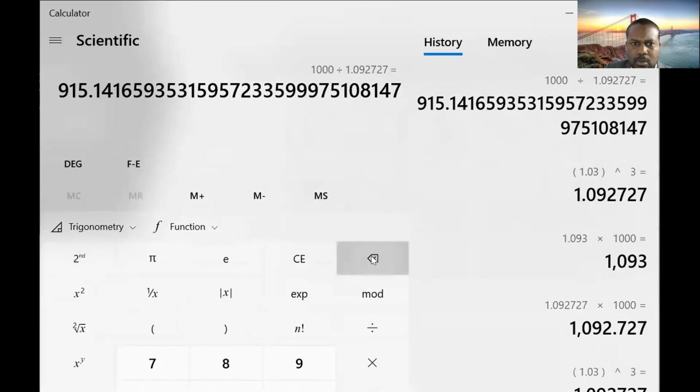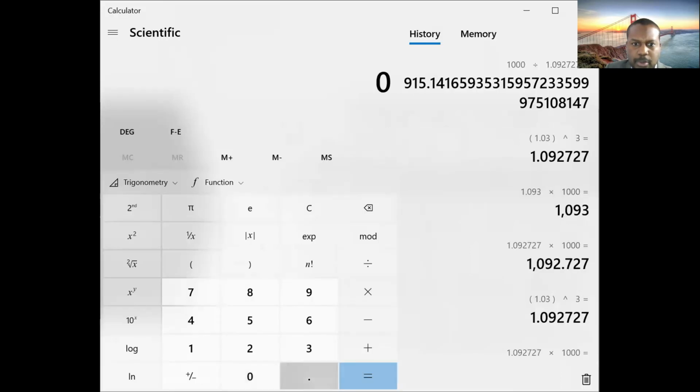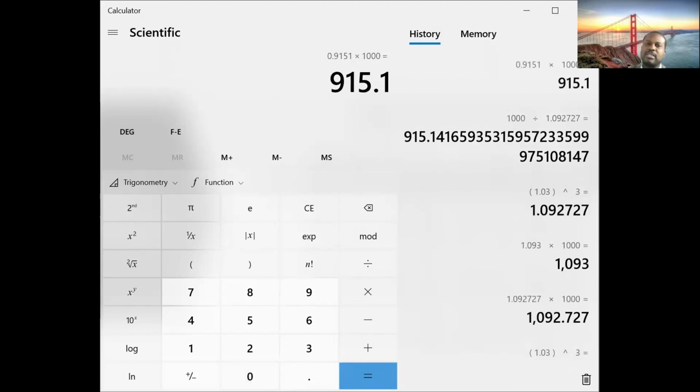Okay, so 0.9151, and we can then multiply that by 1,000, and that's also giving us the 915. We had 915.14, but this one is 915.1. This is the marginal difference between the two.